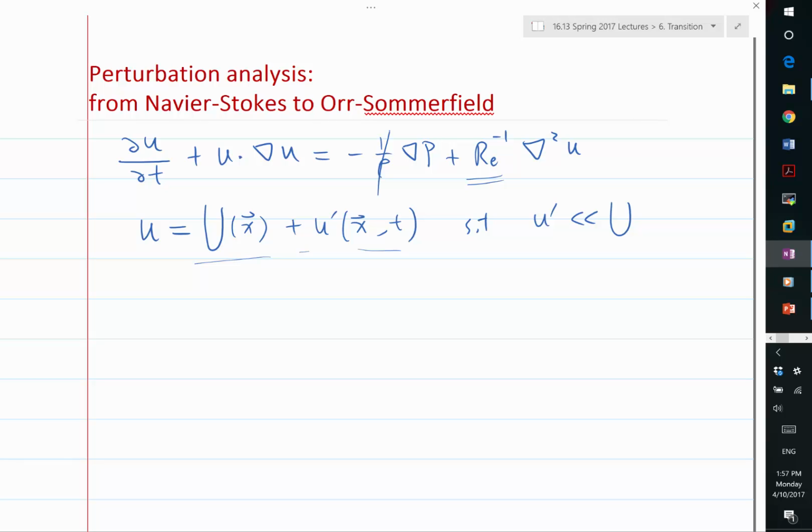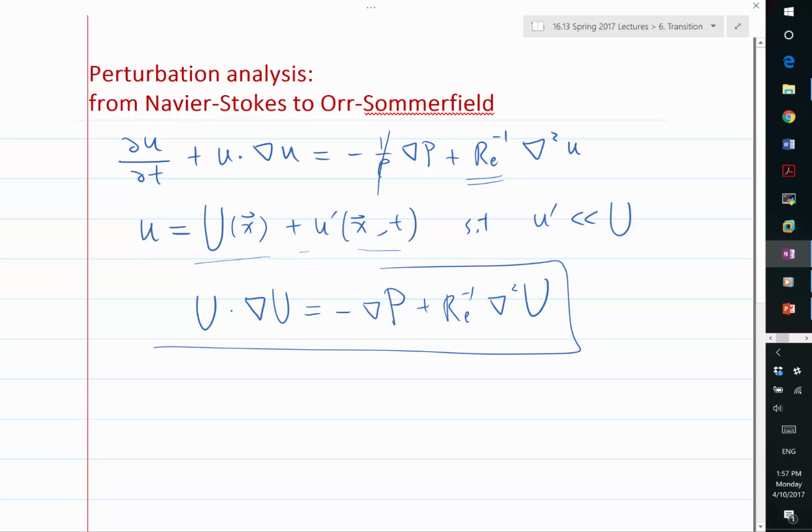All right, so once you make that assumption, by plugging the decomposition into the equation, we're going to find out, first of all, the big U is going to satisfy the steady state Navier Stokes equation. So the big P is the steady state pressure corresponding to the steady state velocity.